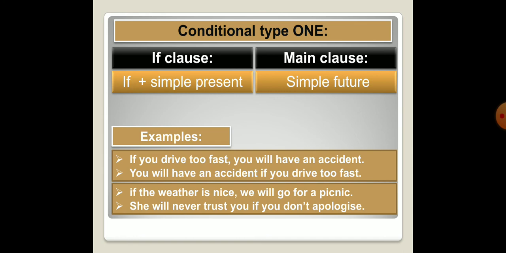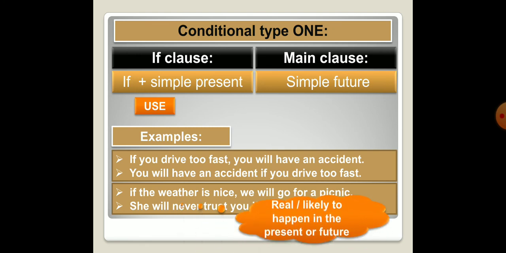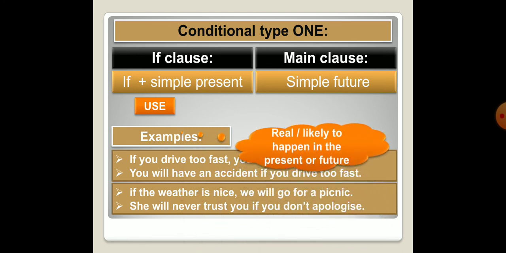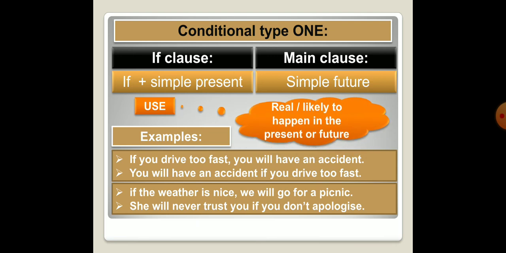As you can notice in these examples, we use conditional type 1 for likely actions to happen, for real actions in the present, or likely actions in the present or in the future. Of course, if you drive too fast, you are running the risk, with a very high percentage, of having an accident.